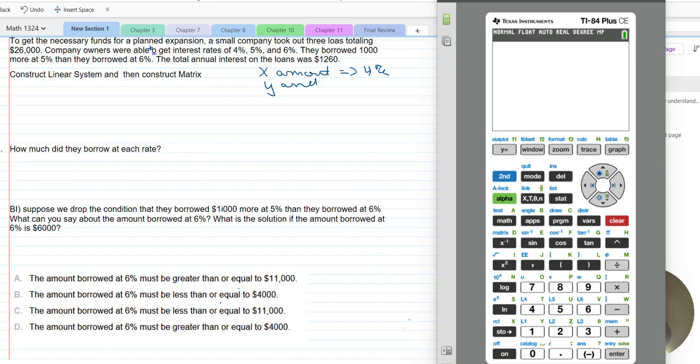if I could write, you all would have a perfect instructor, wouldn't you? At 5%, and z amount at 6%. All right, so we have x amount plus y amount plus z amount equals the amount of the total loan.